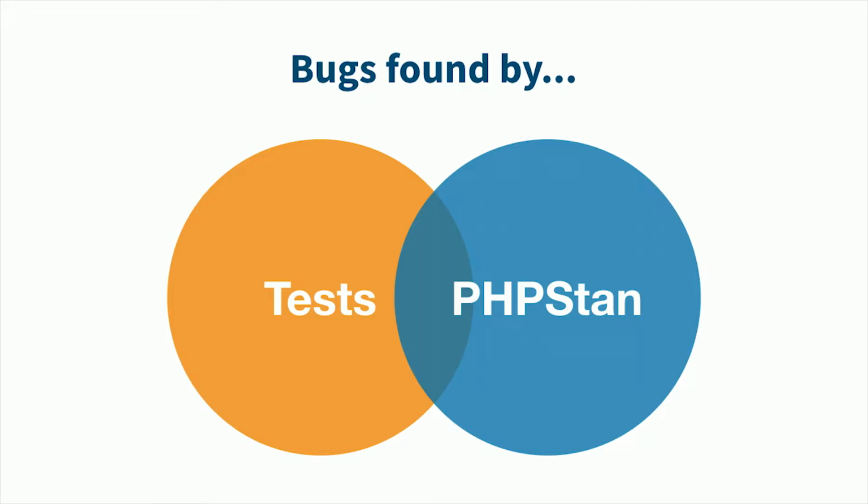If phpstan can find the same bugs as tests find, why are we writing all those tests? Because tests have to be written, tests have to be maintained, and they are expensive, and let's admit it, they are sometimes boring. So who likes writing tests for setters and getters? Okay, two people, and not anyone else.